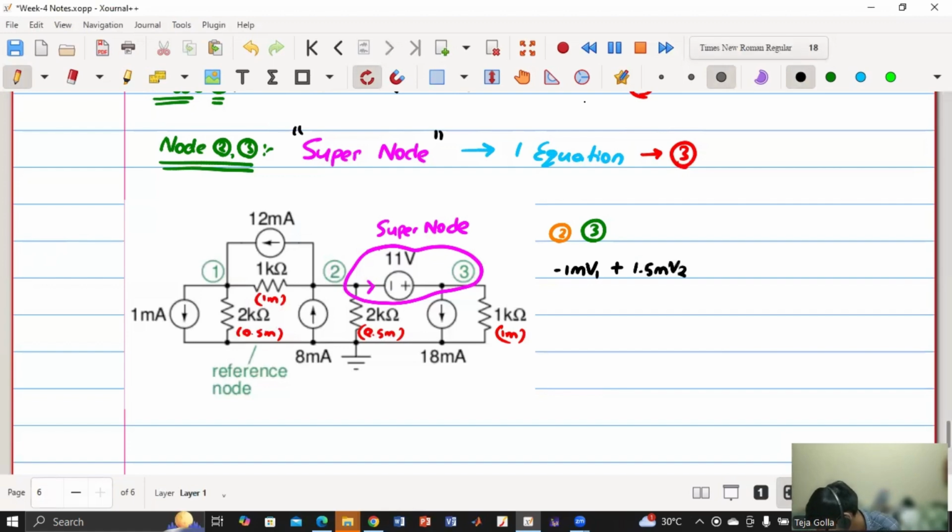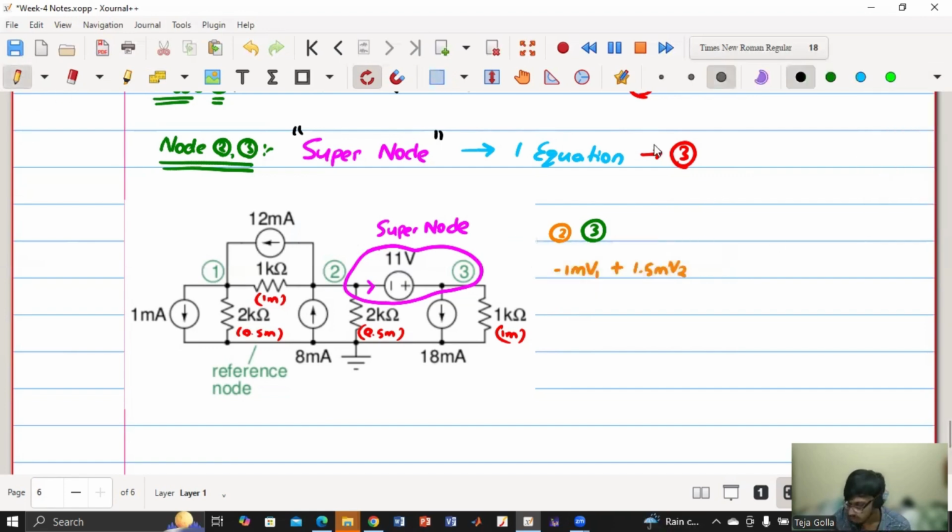And for A23, there is no connection between 2 and 3, since we are ignoring the connection between them and considering both as a single node, the super node. So there is no expression between V2 and V3 because no resistor is directly connected. Sorry, this should be in orange color, so let us write it in orange.